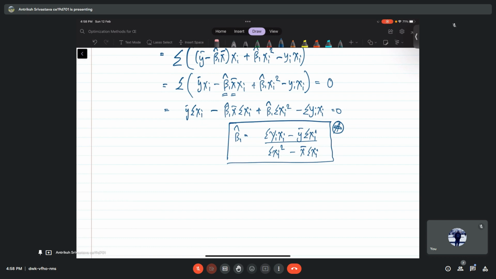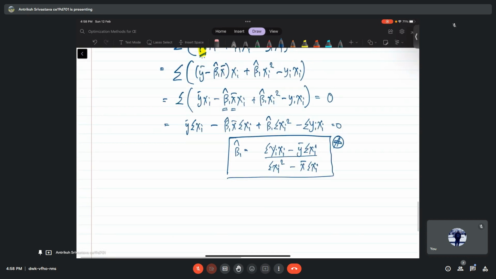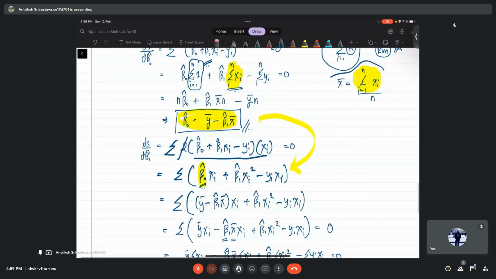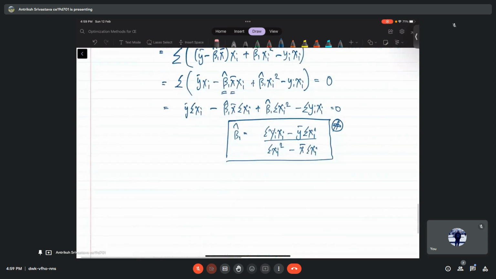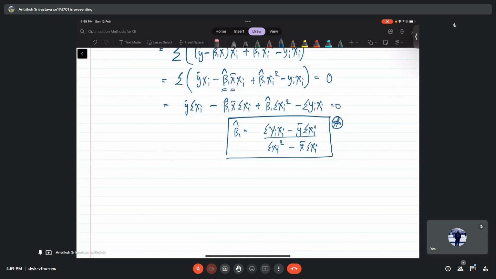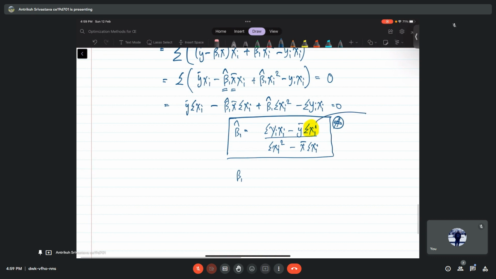But to make this a little easy on the eyes and easy to understand, let's again use this mean formula to simplify this expression. Now whenever I have written here sigma, this sigma is from 1 to n. So this thing, sigma xi, can be written as x bar into n. Here also sigma xi can be written as x bar into n. So let's actually do that.